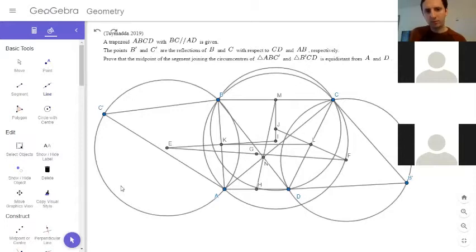So yeah, how can we use power of a point somehow? We have two rhombuses.